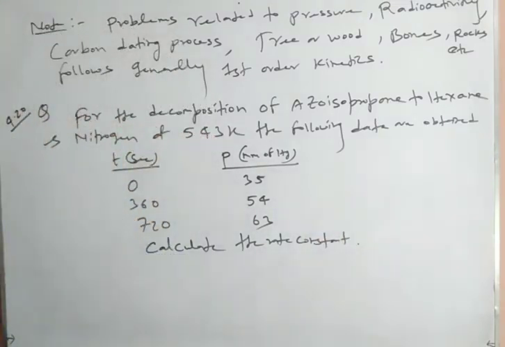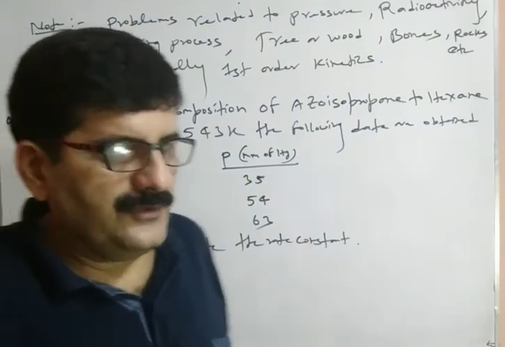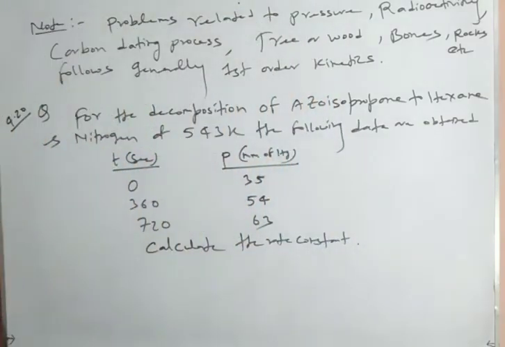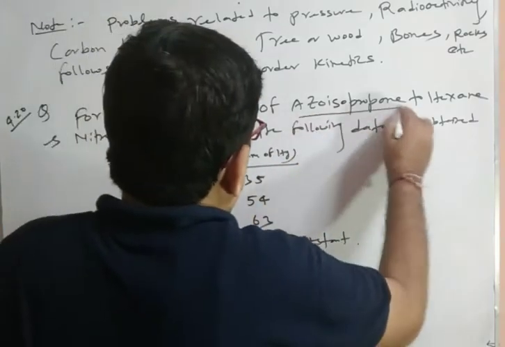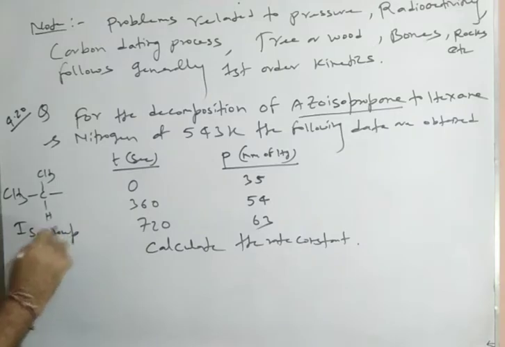In this question, time and pressure are given. So if pressure is given, then our reaction generally follows first order kinetics. What is our equation? Azoisopropane. This is the formula of iso group. And this is said to be what? Azo group.